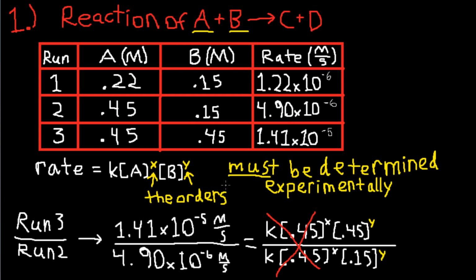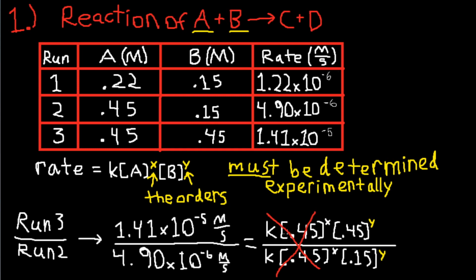Now how you start out one of these problems is you need to be able to select 2 runs that cancel each other out, but do not cancel out a different reactant in the problem. So take for example, I chose run 3 over run 2, so that was the rate value for run 3 over the rate value for run 2.